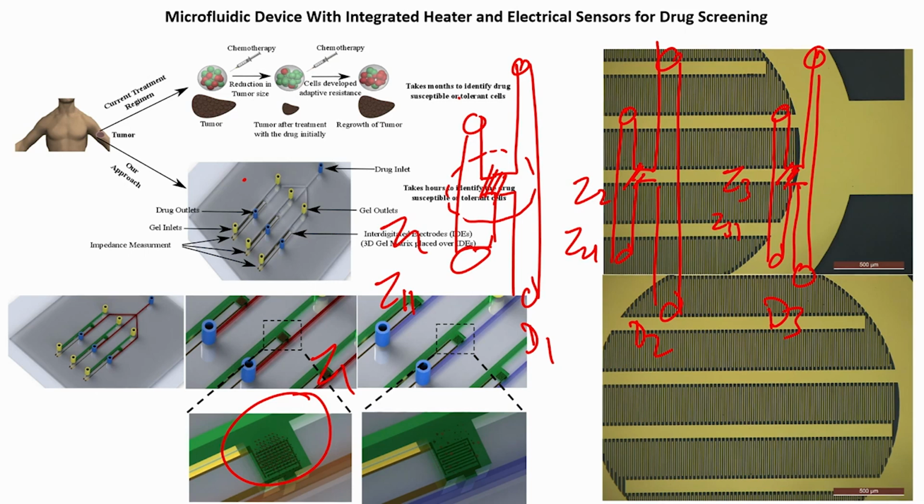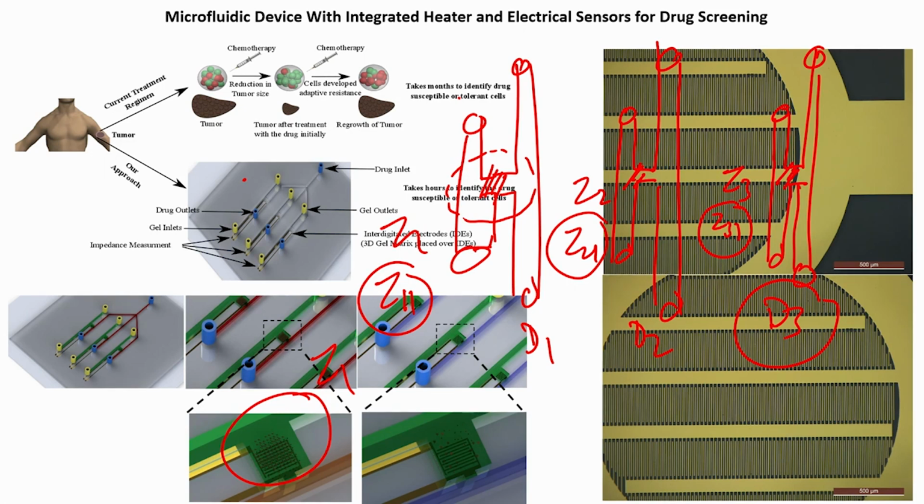That means if I flow drug 1, drug 2 and drug 3 on these 3 channels for 24 hours, and see a larger change in impedance values, then the one showing more conductivity is the drug I can use for a given patient. For example, if drug 3 shows higher conductivity or a higher change in impedance compared to drug 2 and drug 1, then drug 3 would be more effective for the given patient.